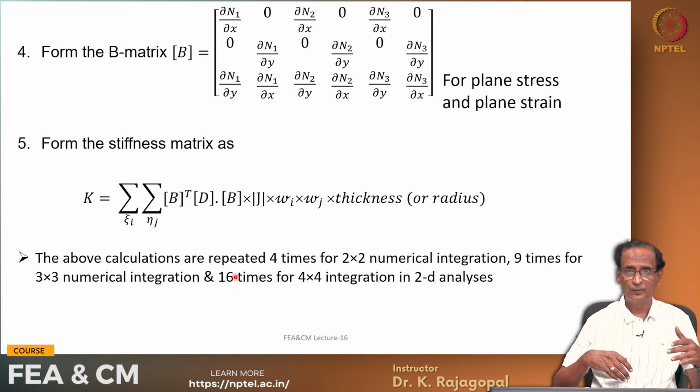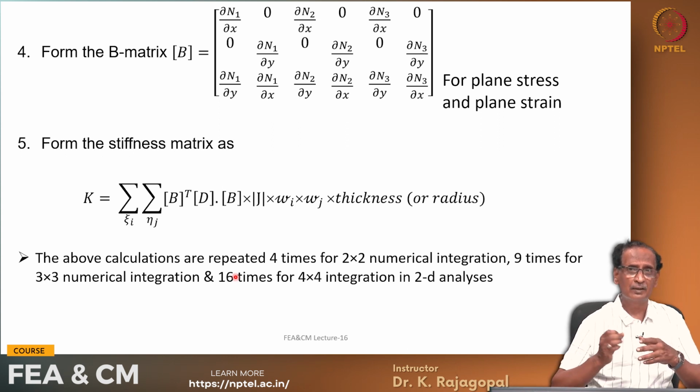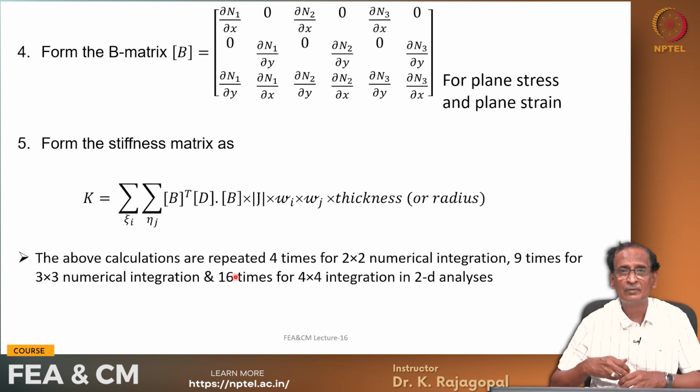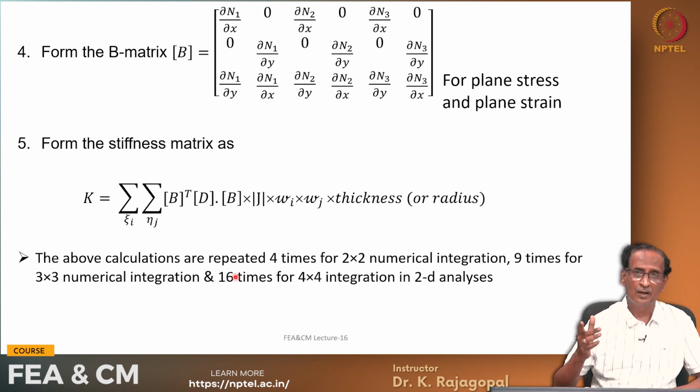We should always go for the best order of integration, and as a general rule we use the least integration order. We do not use one point integration because it's mostly insufficient, unless you have a 3 node triangle, for that we can use the 1 point integration.